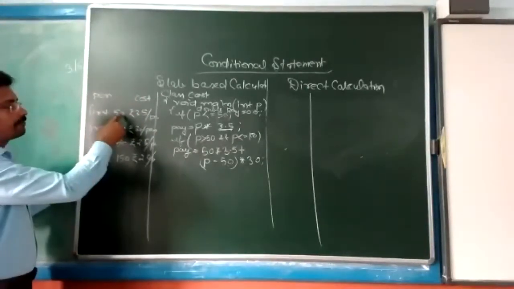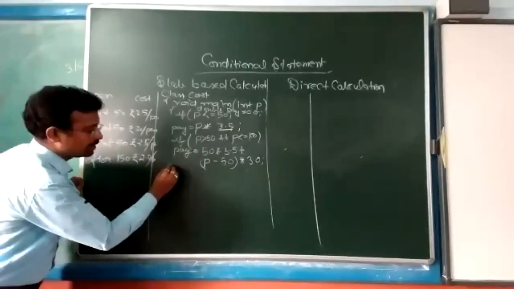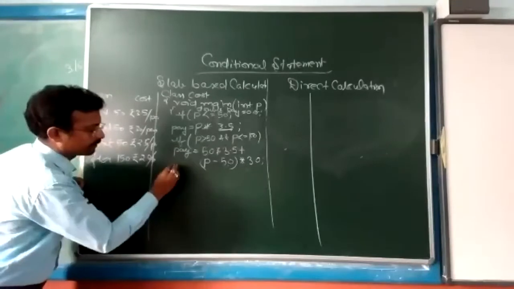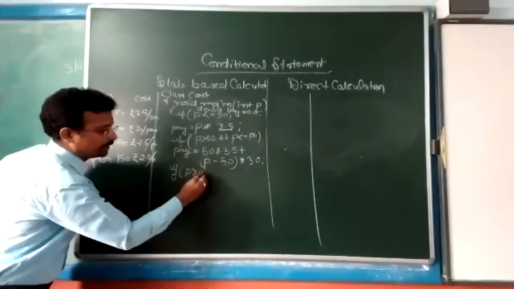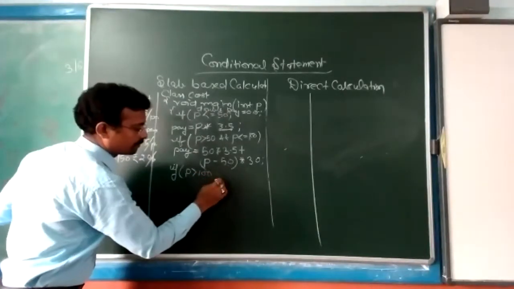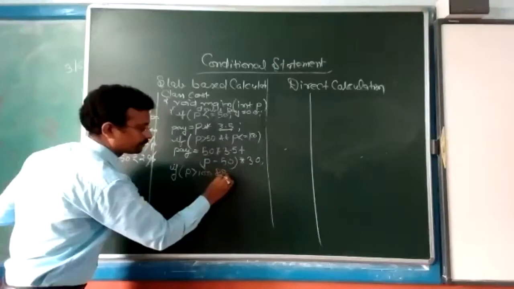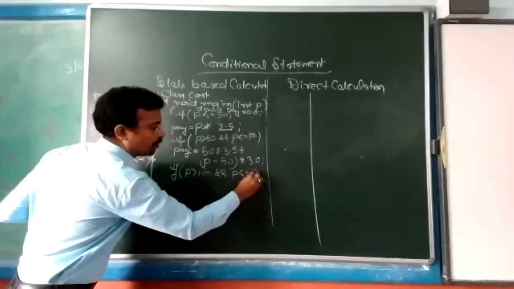You are saying if your value is more than 100. So how will you write the condition? If P is more than 100 and P is less than or equal to 150.